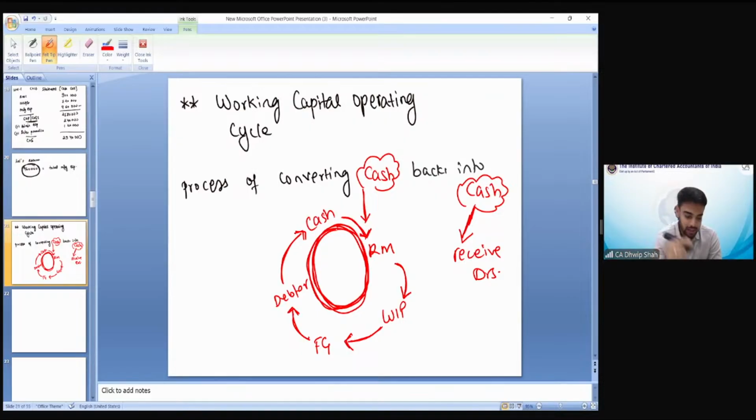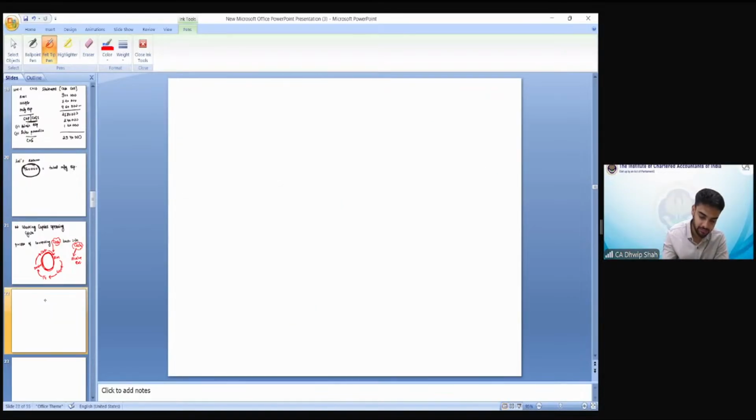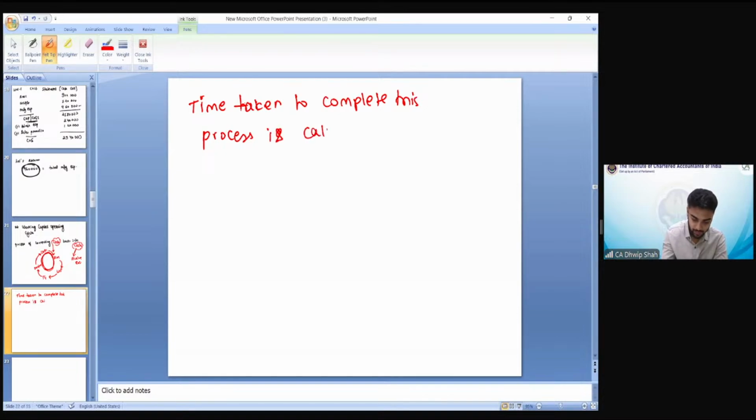But the time taken to complete this process is called as duration of operating cycle.